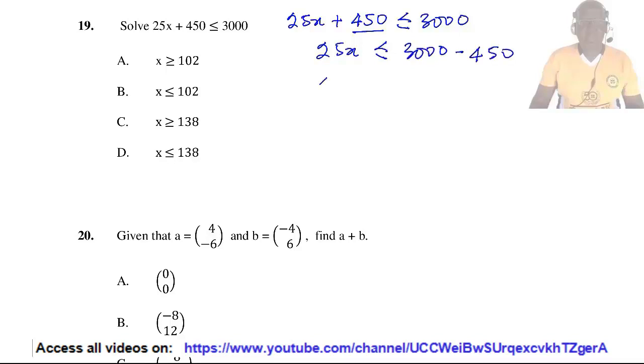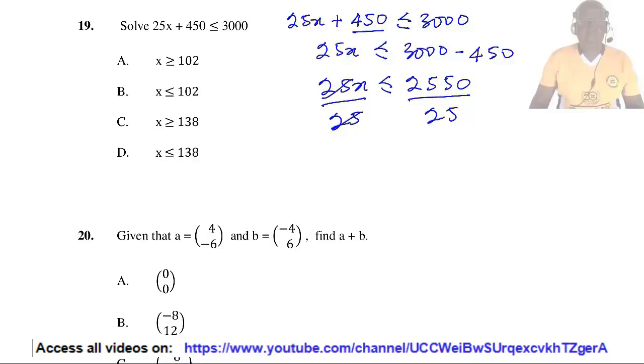So 25S is less than or equal to 2550. Now, we shall divide through the equation by 25. So 25 over here, and then 25 over here.